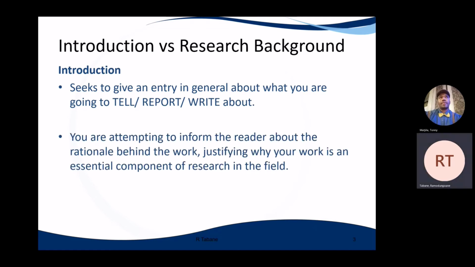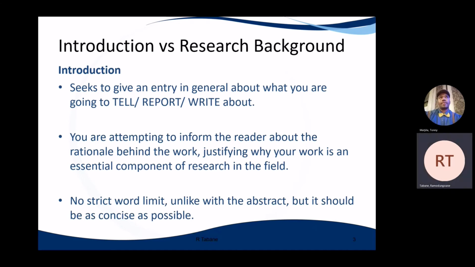What are you attempting to inform us, as your readers, about the rationale behind your work? You can justify why your work is an essential component of the research. There is no strict word limit, unlike in the abstract of articles, but please try to make it as concise as possible.